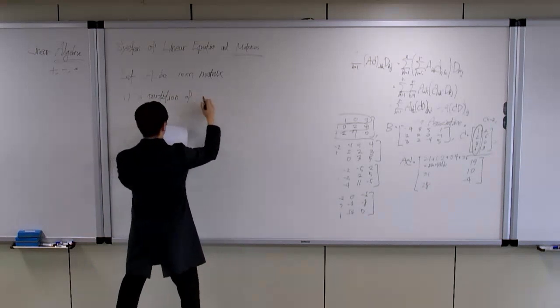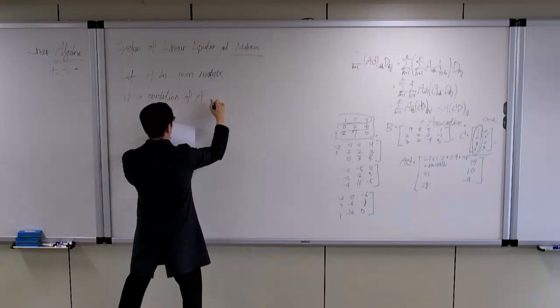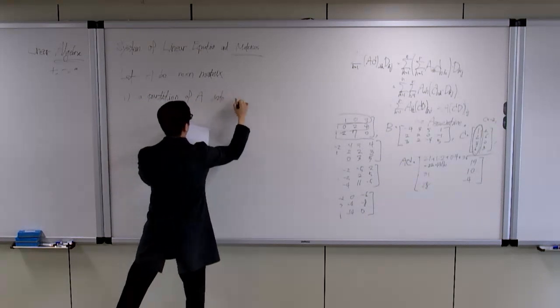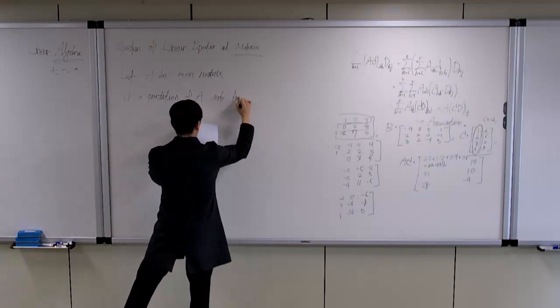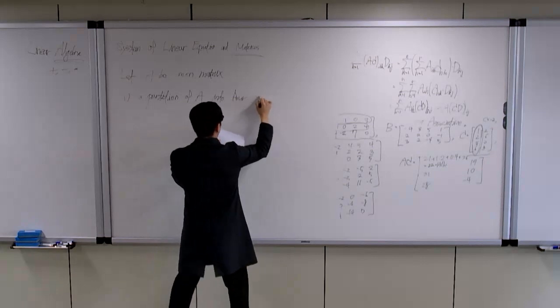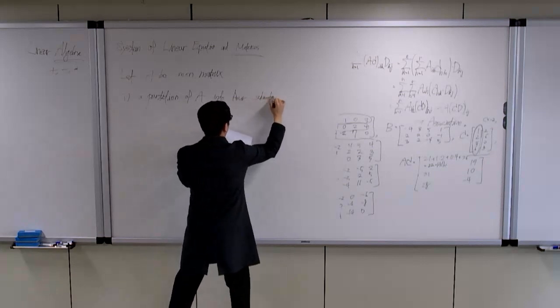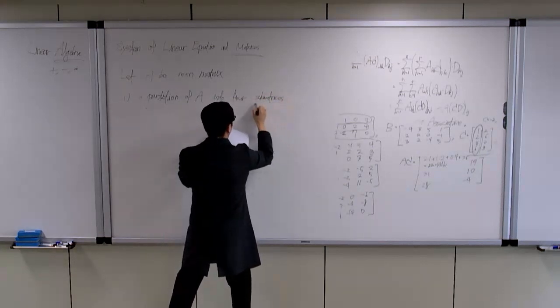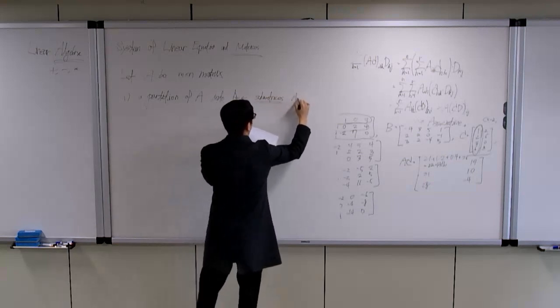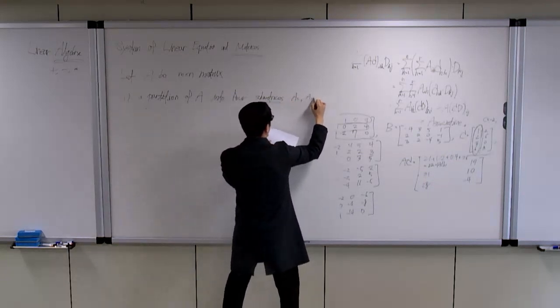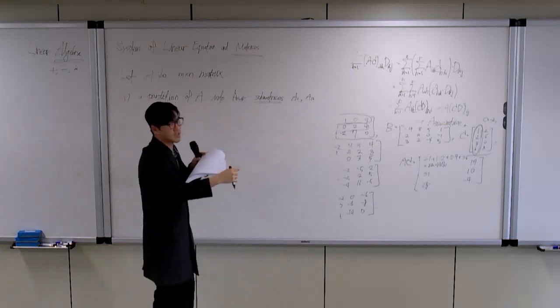First one is for submatrices. A11 does not mean entries.